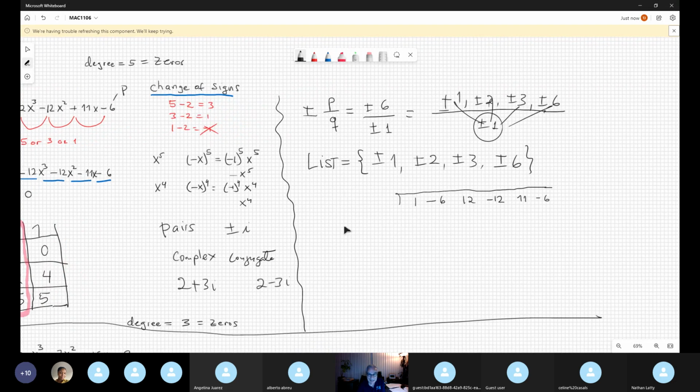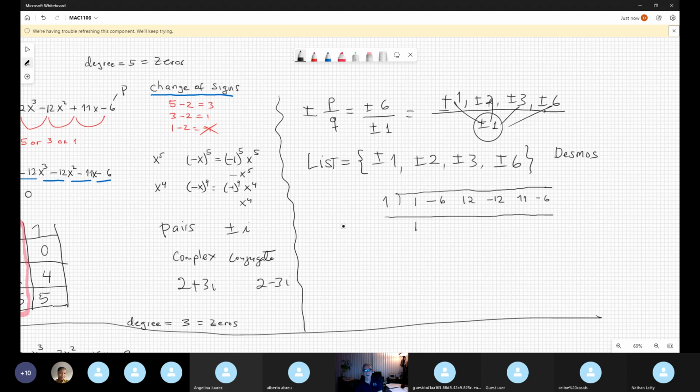And you select one of these arbitrarily. You see in Desmos the logical real zero that you have. I can see that 1 is good. And I verify this idea using synthetic division.